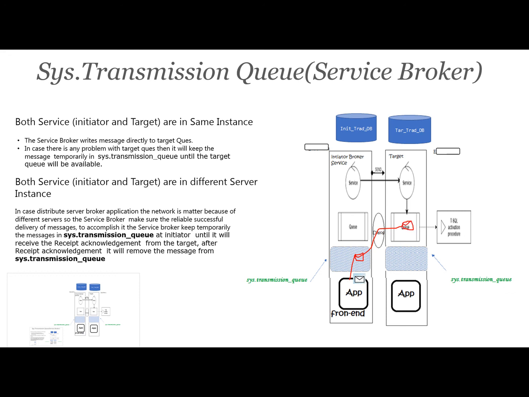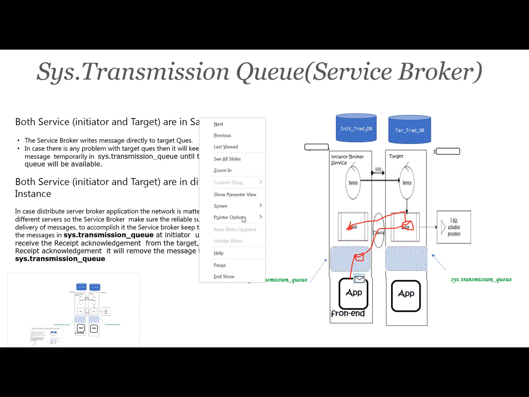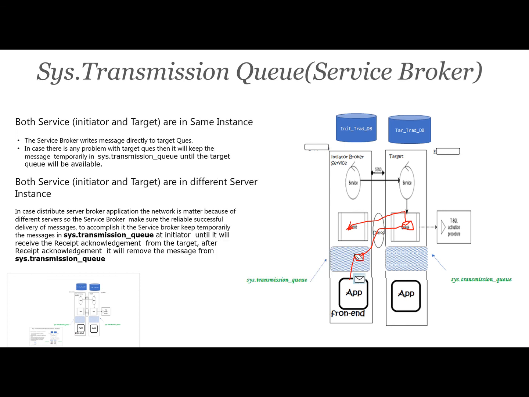And when the target service queue replies back to the initiator service, it will give the acknowledgement that the message is delivered. Then the copy of this message which is still in the sys.transmission_queue will be removed. It will only be removed after the confirmation. So when the acknowledgement is given, this message will be removed from the queue. So if the services are in different servers, the sys.transmission_queue must be used.